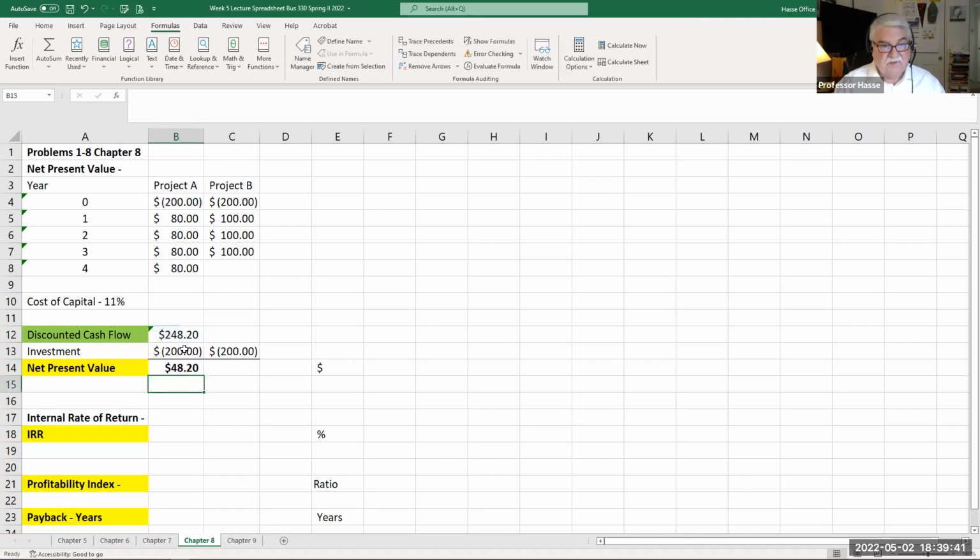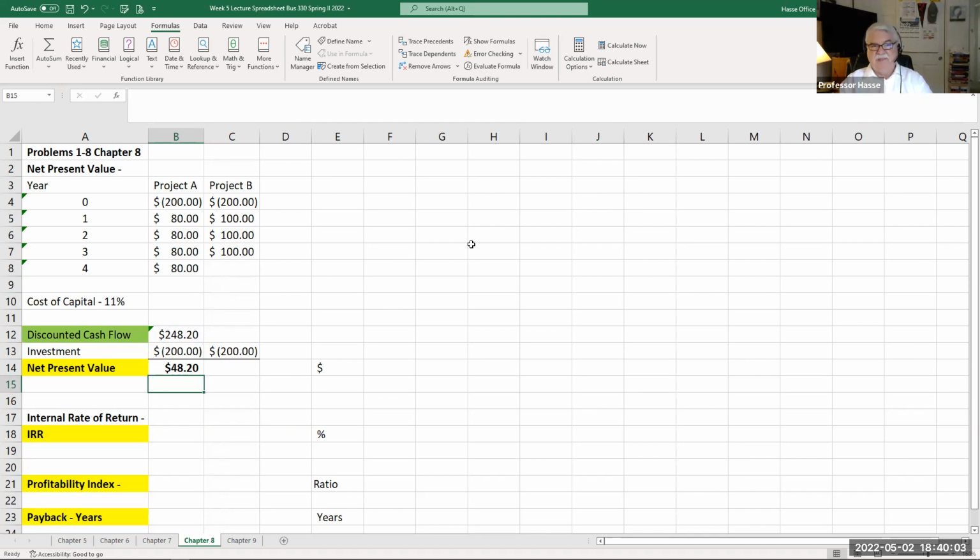Our net present value then is $48.20. In other words, in today's dollars, year 0, when we're making the investment, we say that this has a present value of the whole life or the depreciable life of this asset to be $48.20. Positive. That's a good thing.